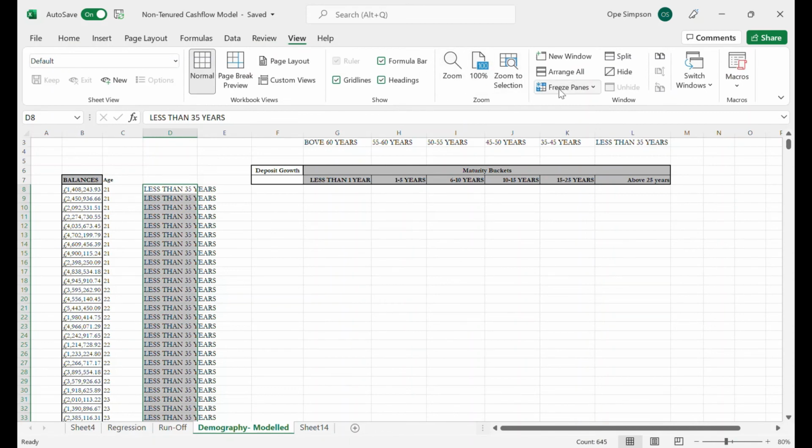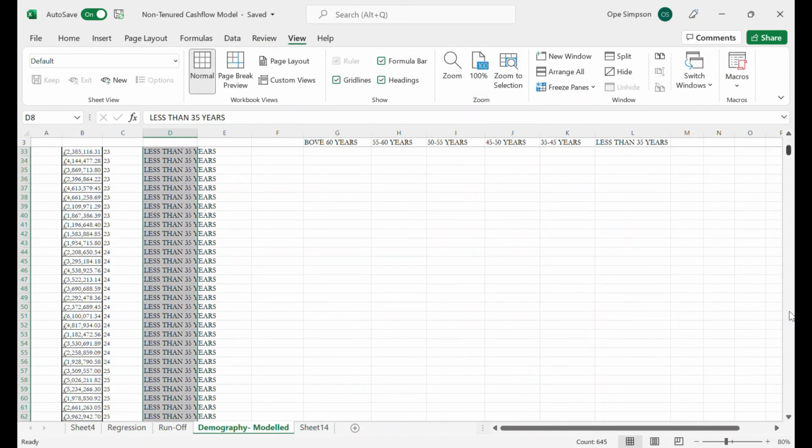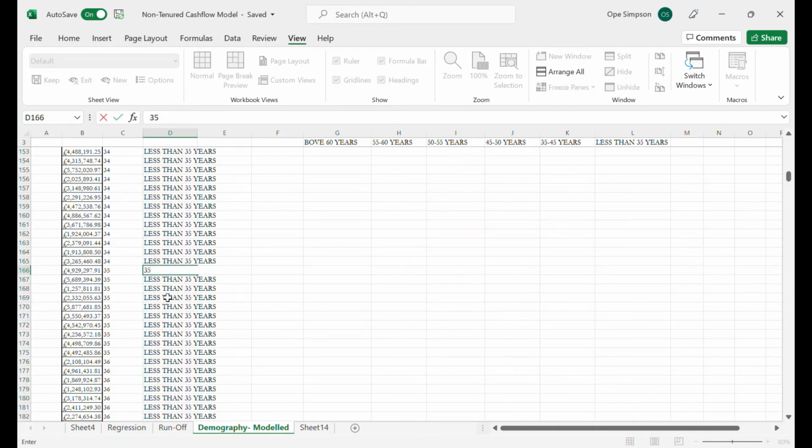I just want to freeze this so that I'm able to refer to our time buckets. The next age band is 35 to 45. So once we get to 35, yes, 35 to 45 years.